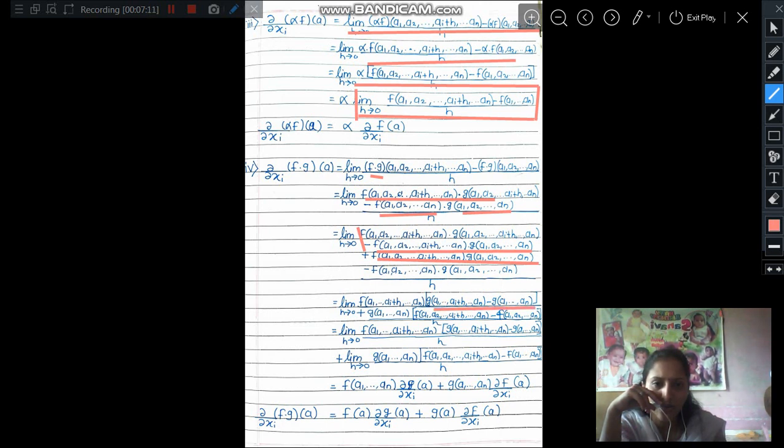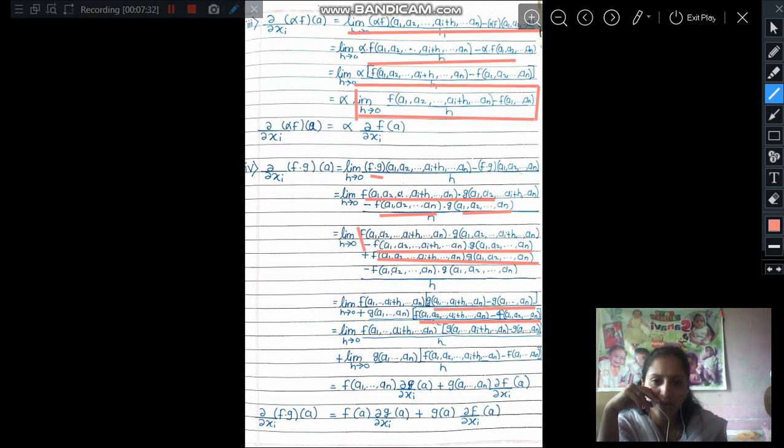Taking g of (a1, ..., an) common from the remaining terms, that is terms 3 and 4, the bracket contains f of (a1, ..., ai + h, ..., an) minus f of (a1, ..., an). Okay, the whole term divided by h.